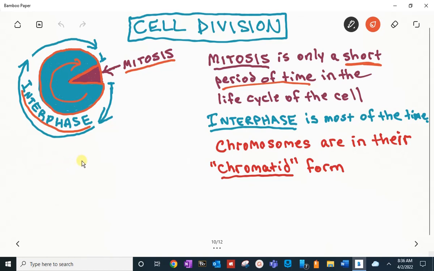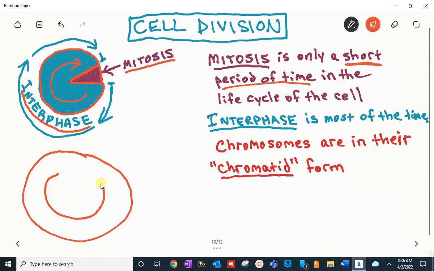When the cell is in interphase, let me draw this. Here is the cell, and inside the cell, here is the nucleus of the cell, because of course the chromosomes are in the nucleus.